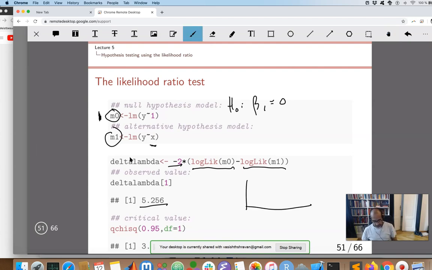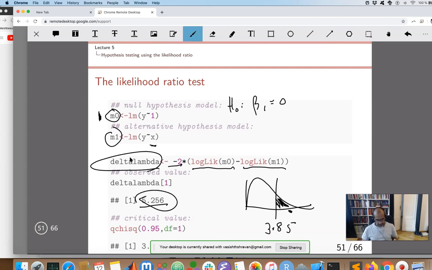The chi-squared distribution with 1 degree of freedom looks something like this, and it has a critical value of 3.85, the critical point such that the area to the right of it is 5%, right? This is again like the rejection point in the t-test. If my observed difference in the log likelihoods lands in this rejection region, and it does, as you can see, then I will reject the null hypothesis, that beta 1 is 0, right? That was my null hypothesis.